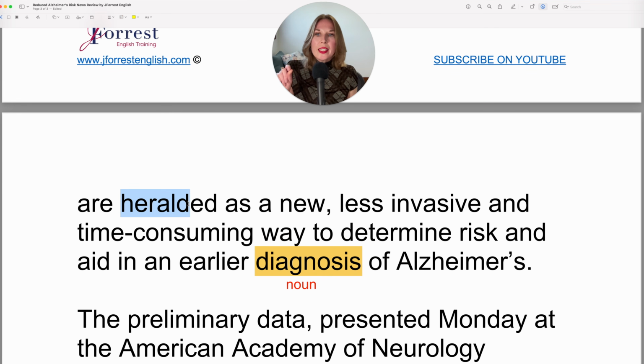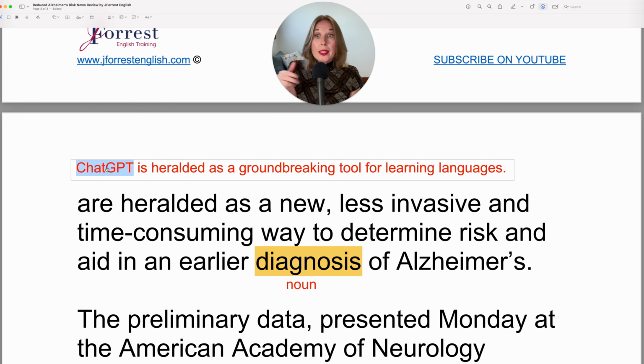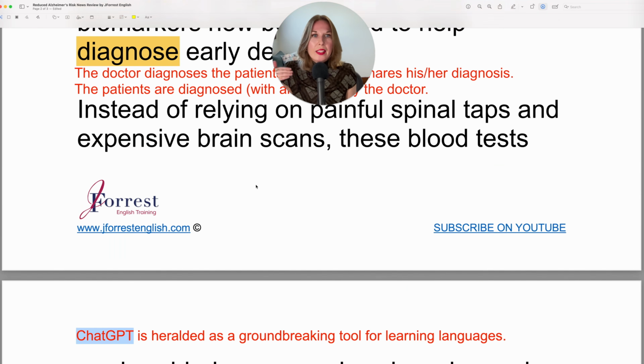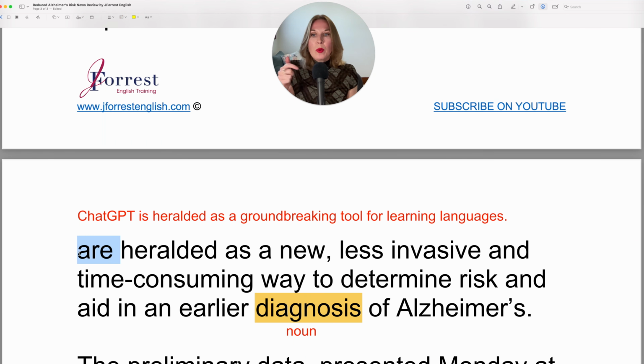Now, if something is heralded as something else, it means that it's publicly praised as something. So for sentence structure, you would have something that's being publicly praised. Let's use ChatGPT. In this article, it was these blood tests. So that's why we have are, because your verb to be needs to, of course, match the subject. So in our article, it's plural.